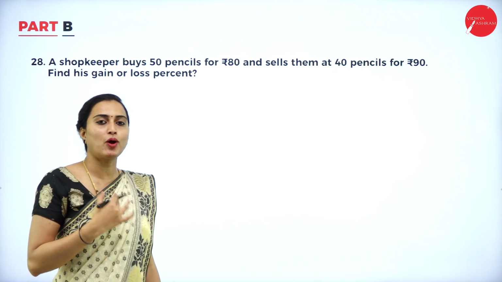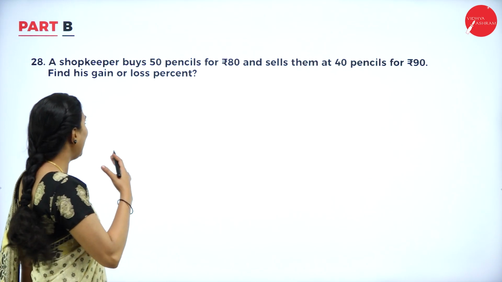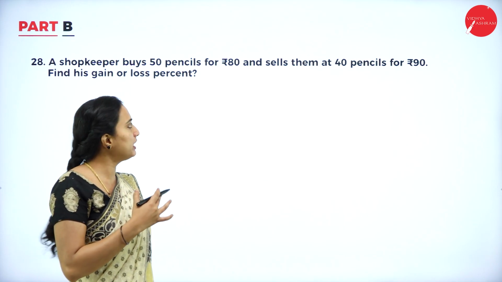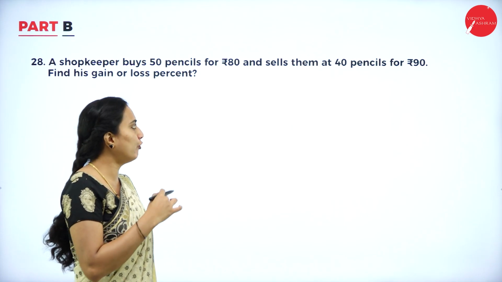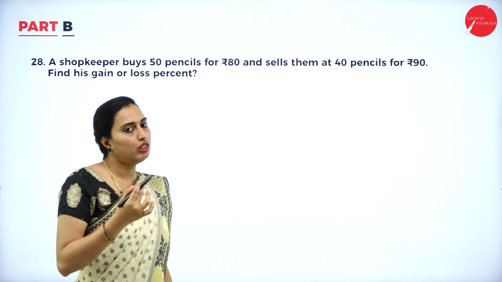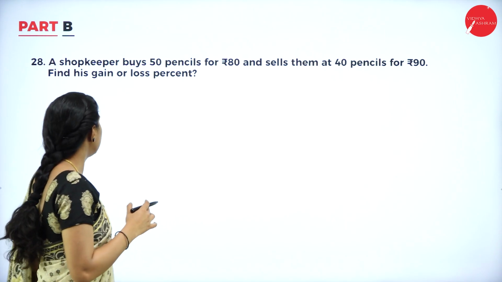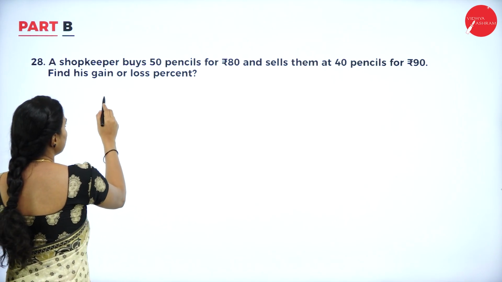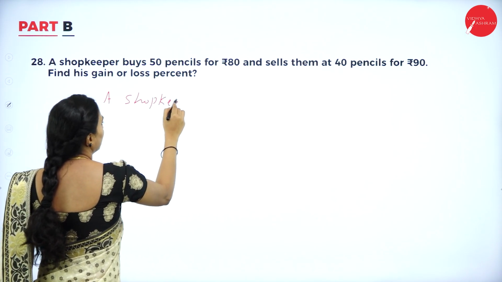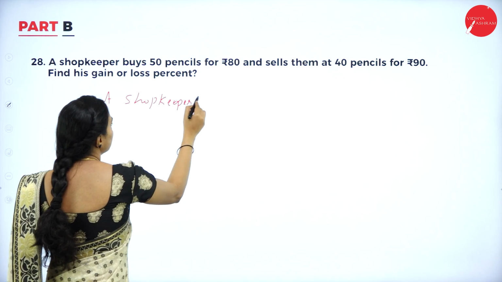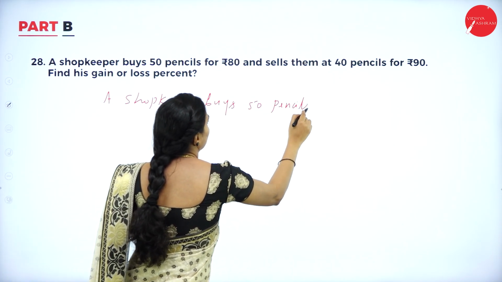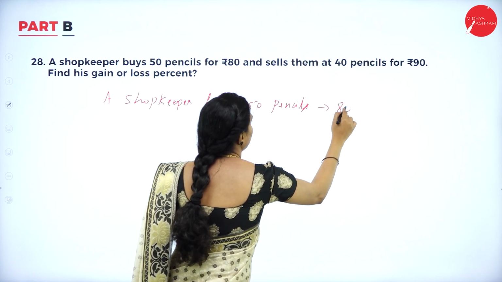Next problem is question number 28. A shopkeeper buys 50 pencils for rupees 80 and sells them at 40 pencils for rupees 90. So find his gain or loss percentage. So a shopkeeper buys 50 pencils at rupees 80, correct?